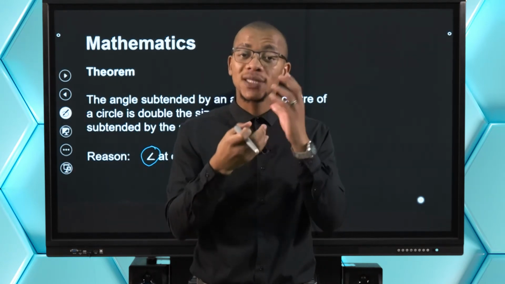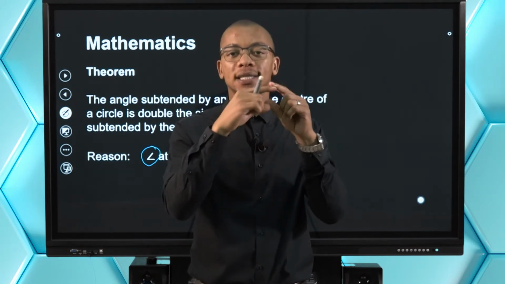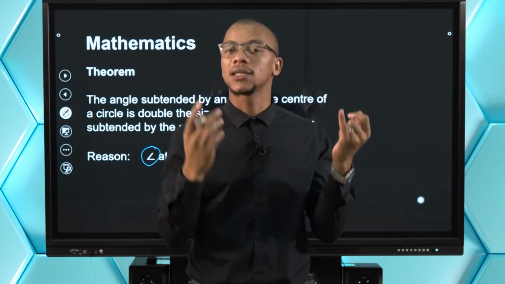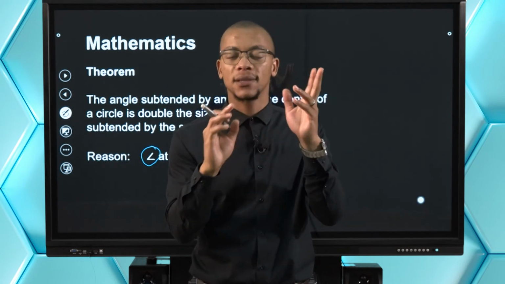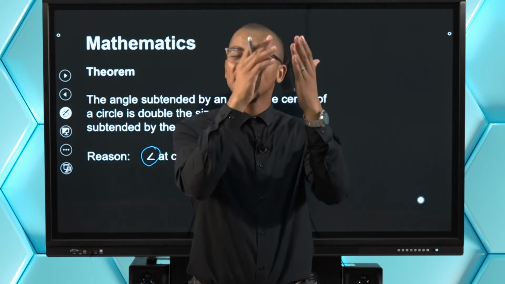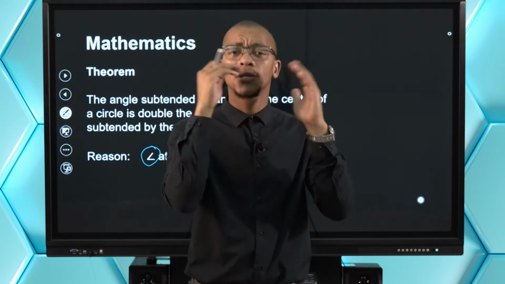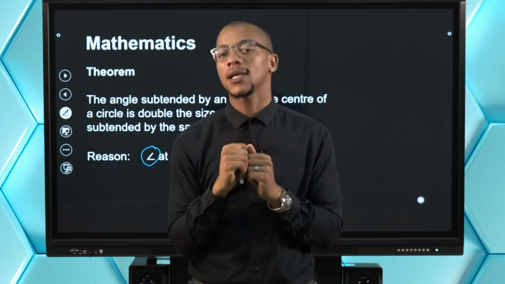Instead, you use that theorem as a statement, because you know that 1, there's a center, and 2, the angle at that center is subtended by the same arc as the angle at the circumference, then there will be a 2:1 relationship. So at times I will give you one angle at the center and say find the one at the circumference.